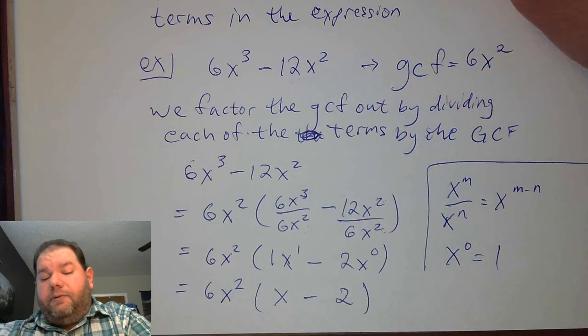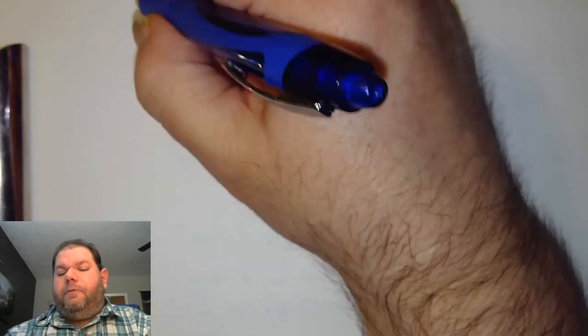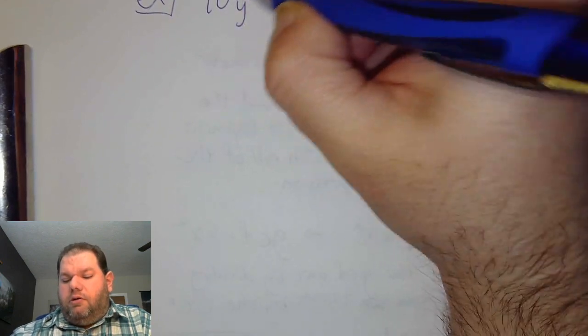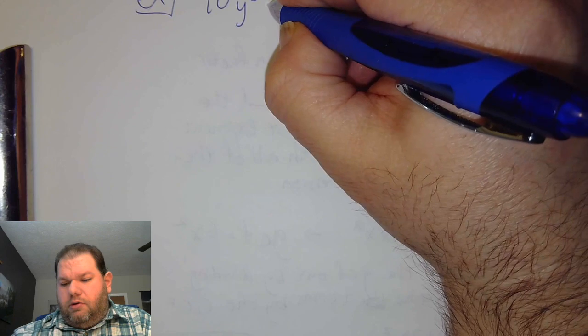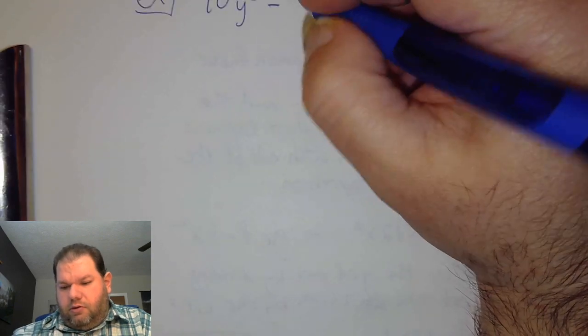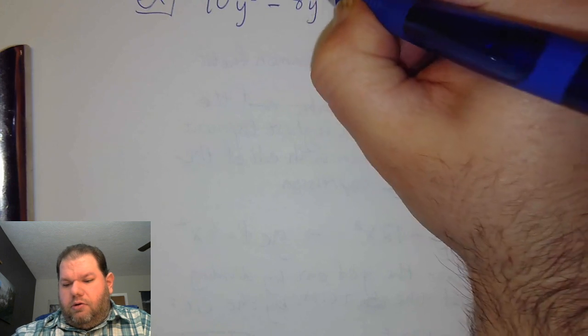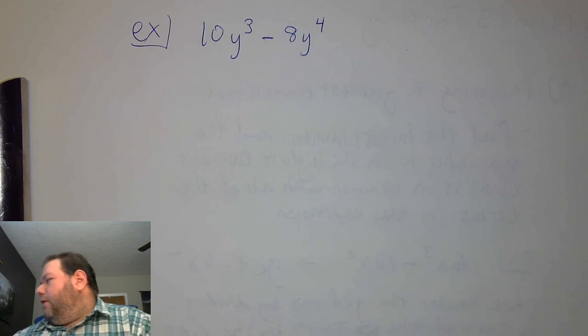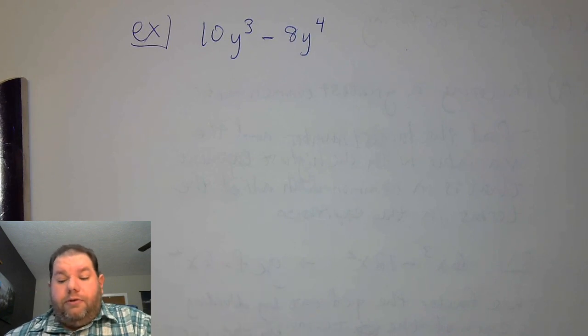Let's look at another example. Here we have 10y to the third minus 8y to the fourth.